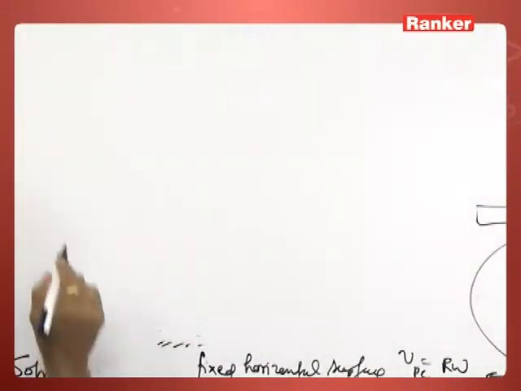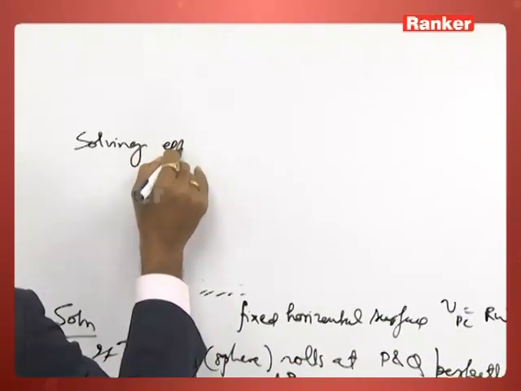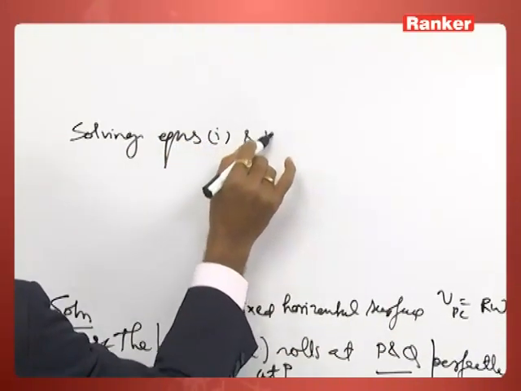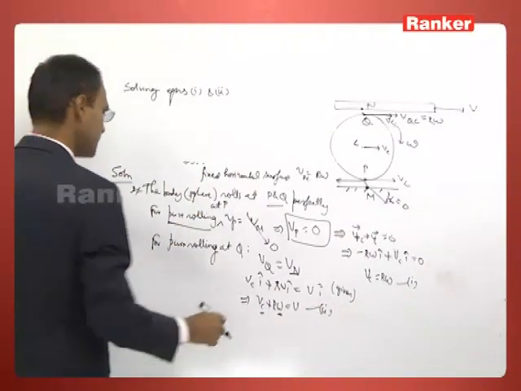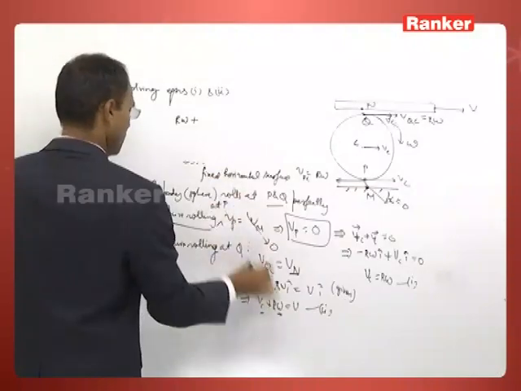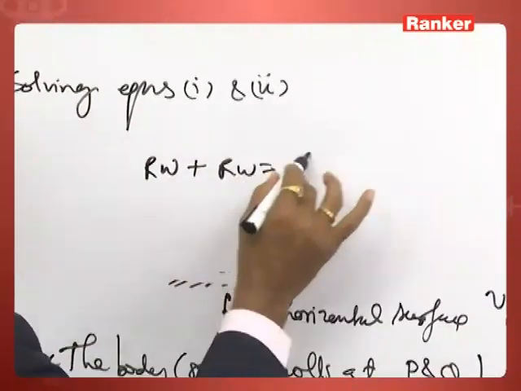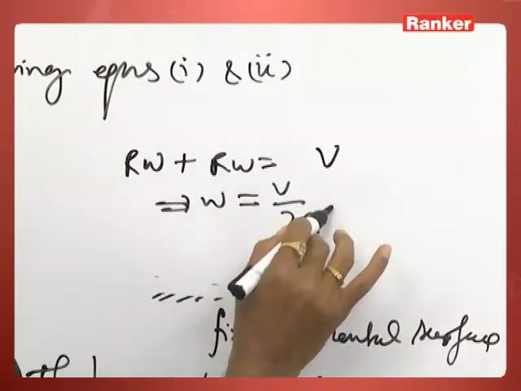Solving equations 1 and 2, we can get, you write Vc is equal to r omega, here plus r omega is equal to V, and omega is equal to V by 2r, answer.